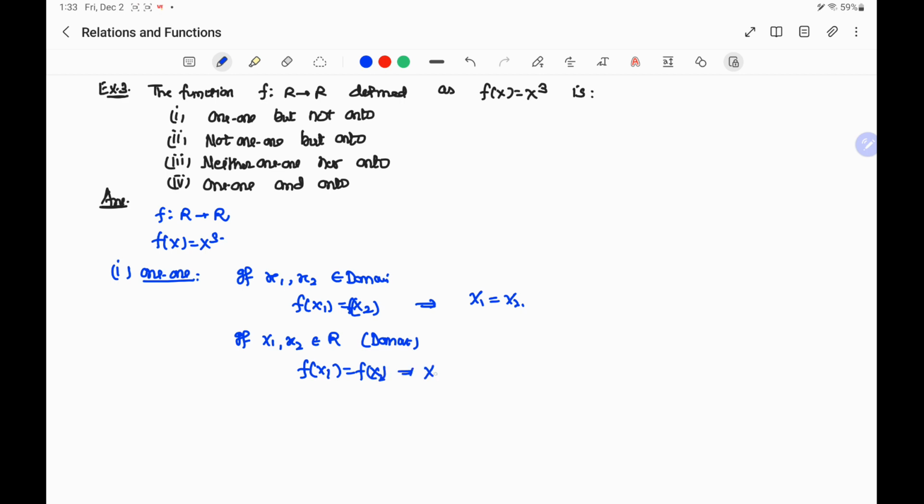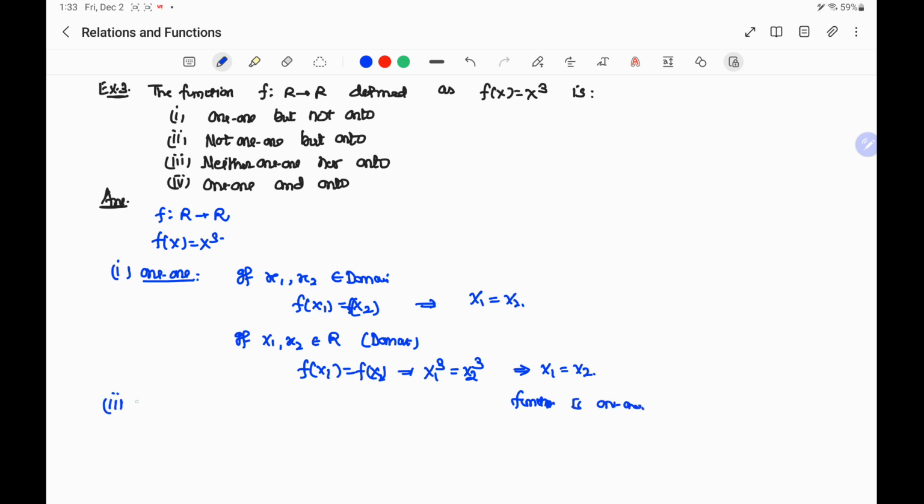This implies that x1 cube equals x2 cube, and on taking the cube root, x1 equals x2. It means distinct elements of the domain will have distinct images in the codomain. Therefore the function is 1-1.